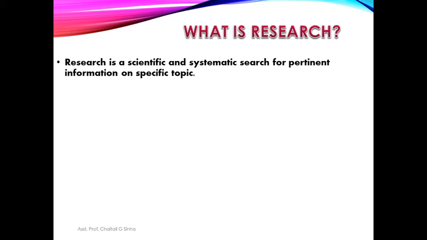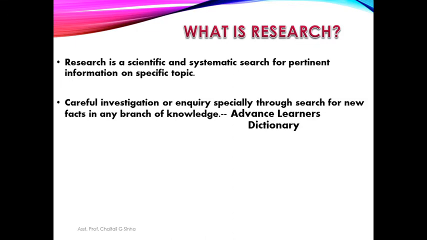Actually, research is working on a specific topic, gathering all kinds of information related to it, and then putting that information into a very scientific method to get the answer or conclusion out of it. That is known as research.